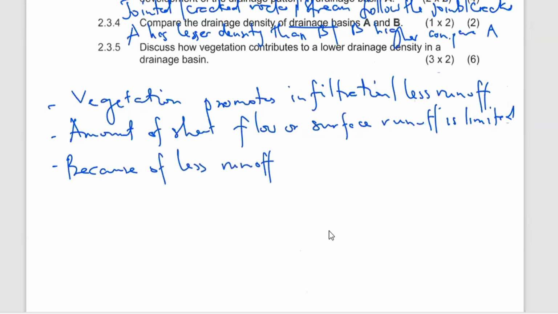surface runoff in this matter, less streams will develop.